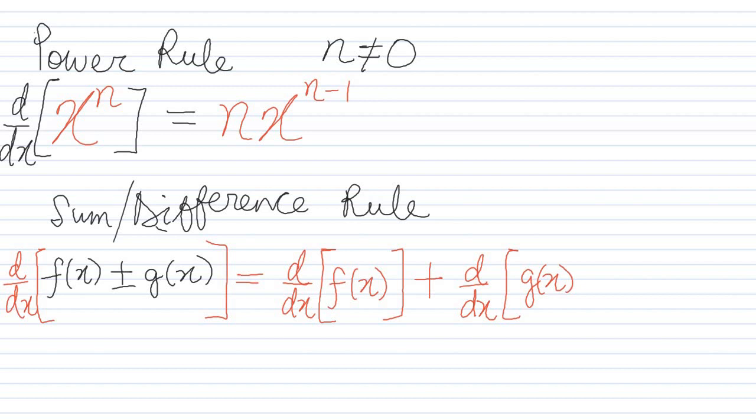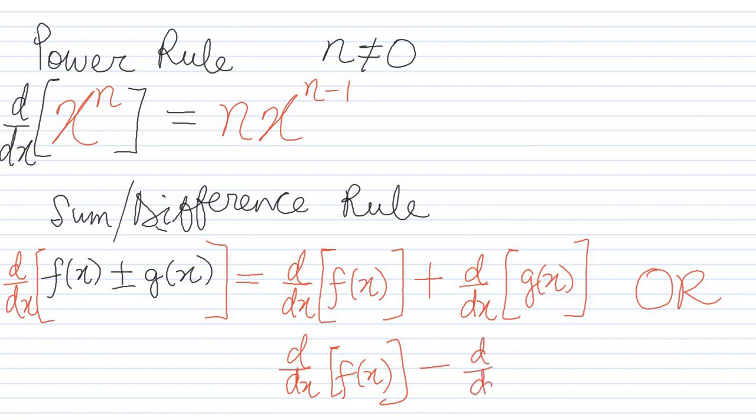Or in a case where what is in between the 2 sub-functions, f of x and g of x, is minus, you then do the derivative of f of x minus the derivative of g of x. That is what is going on. So the derivative of f of x plus the derivative of g of x, or the derivative of f of x minus the derivative of g of x. That's basically the rule.